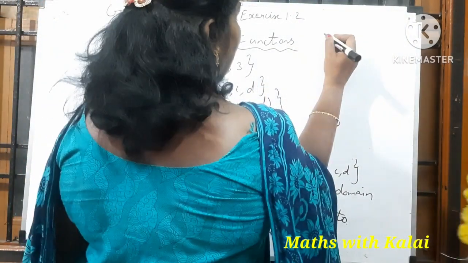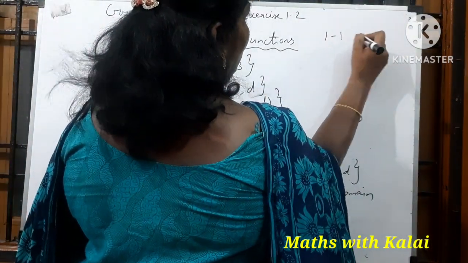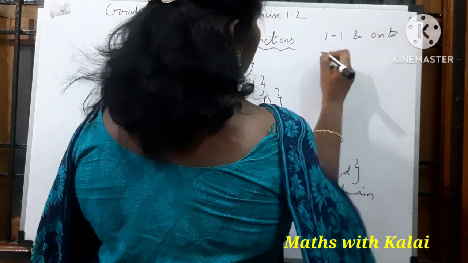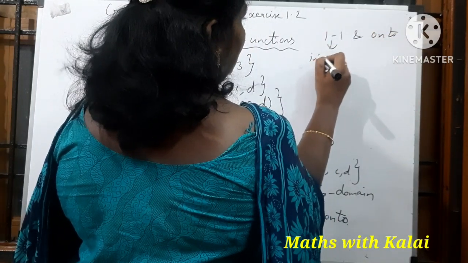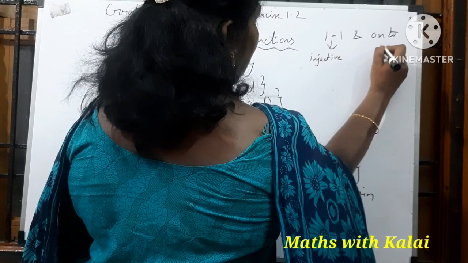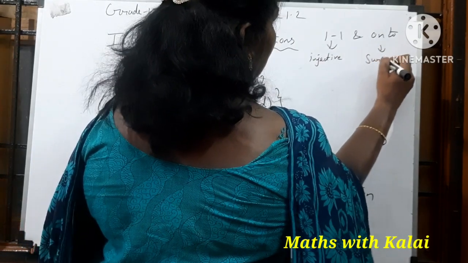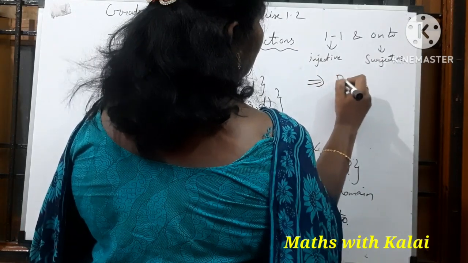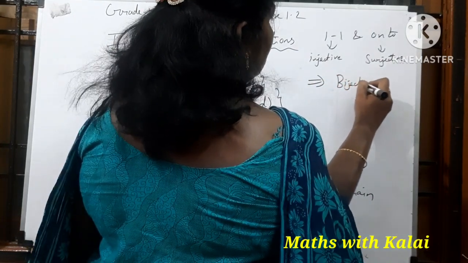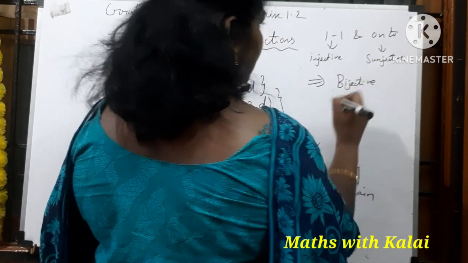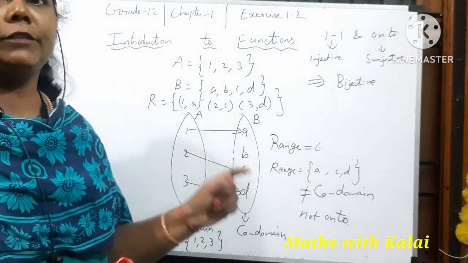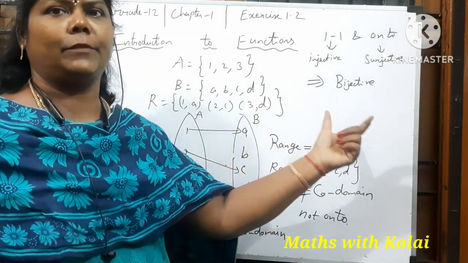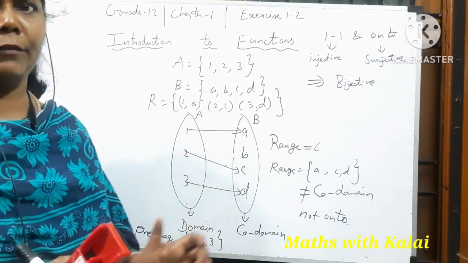Whenever a function is injective as well as surjective, ரெண்டுமே satisfy ஆயிருந்துச்சு அப்படின்னா that function is called bijective function. So ஒரு function கொடுத்துட்டு prove that it is bijective ஆனு செக் பண்ண சொன்னாங்கன்னா you have to check for the one to one nature as well as the onto nature of the given function.